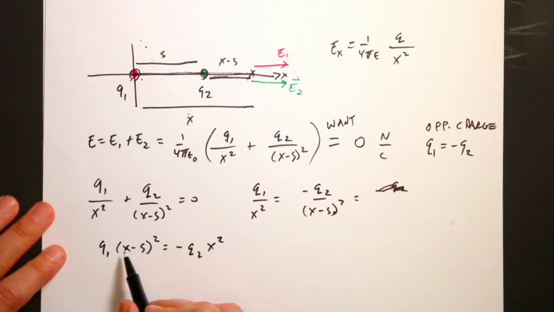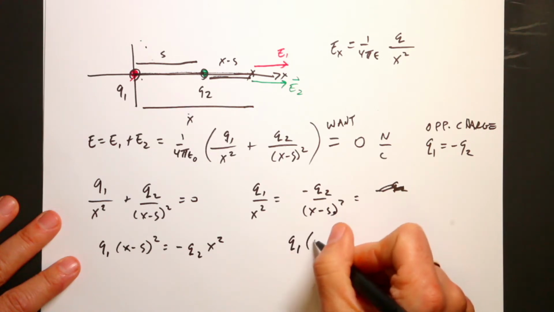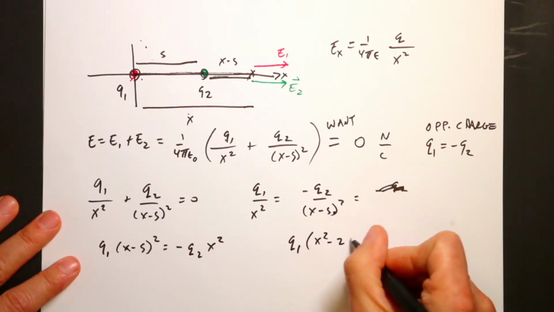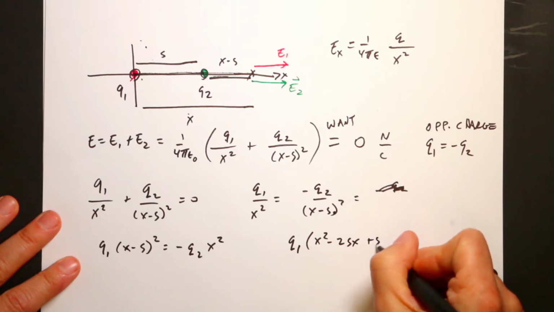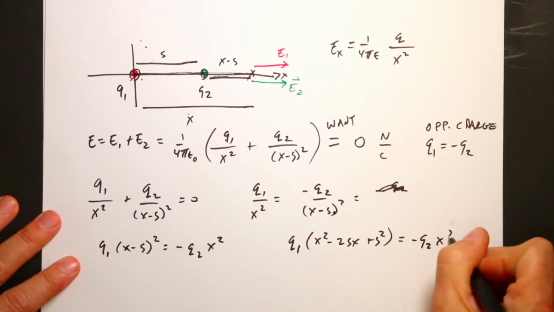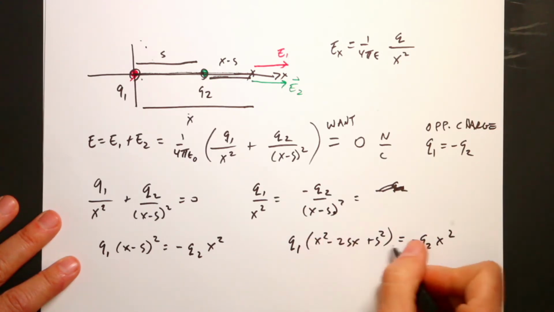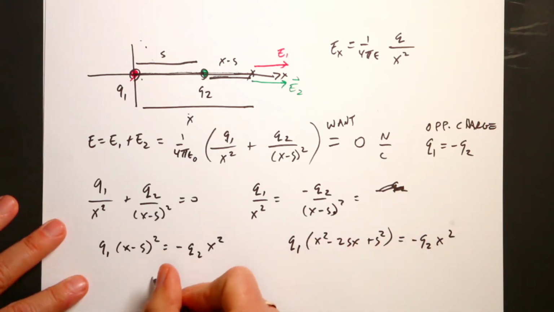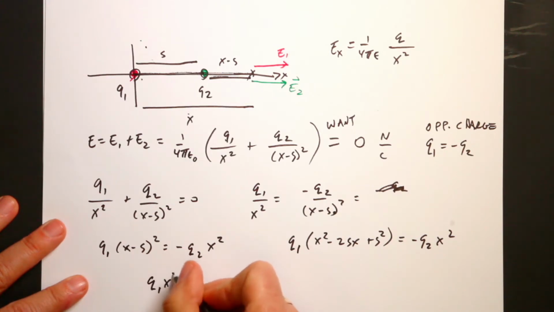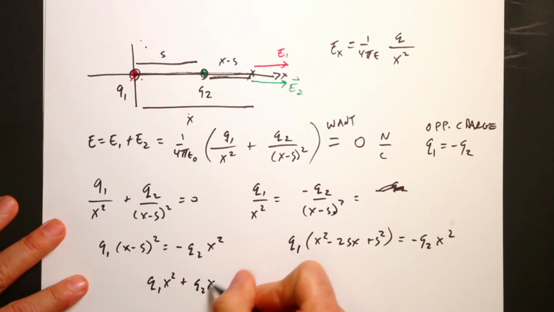Now I'm going to multiply this out, and I get Q1 times X squared minus 2SX plus S squared equals negative Q2 X squared. Now I'm going to add this to both sides, and I get Q1 X squared. Now I have this one, so I'm going to say plus Q2 X squared.